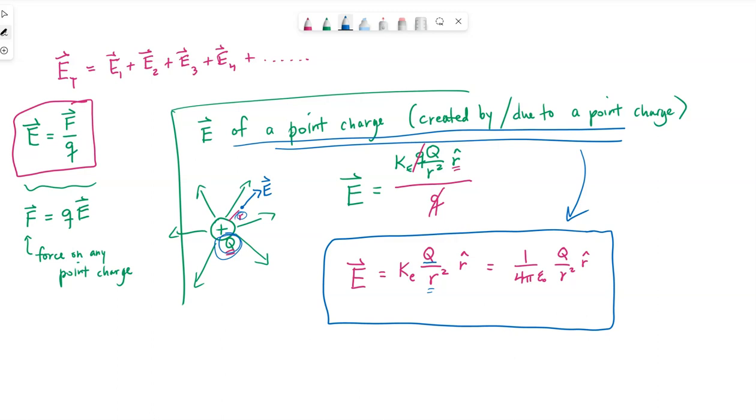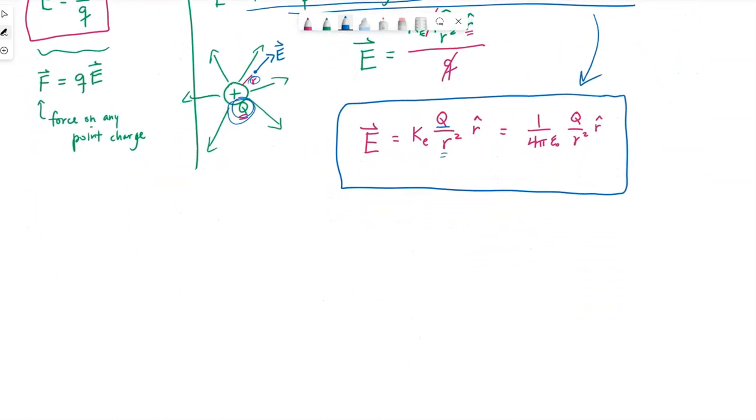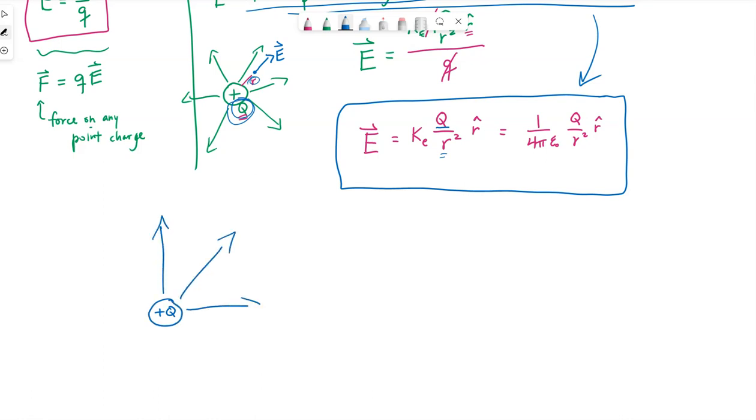Now, one other thing I'm remembering in a picture, to distinguish between a Q creating its electric field versus, say, a 2Q.